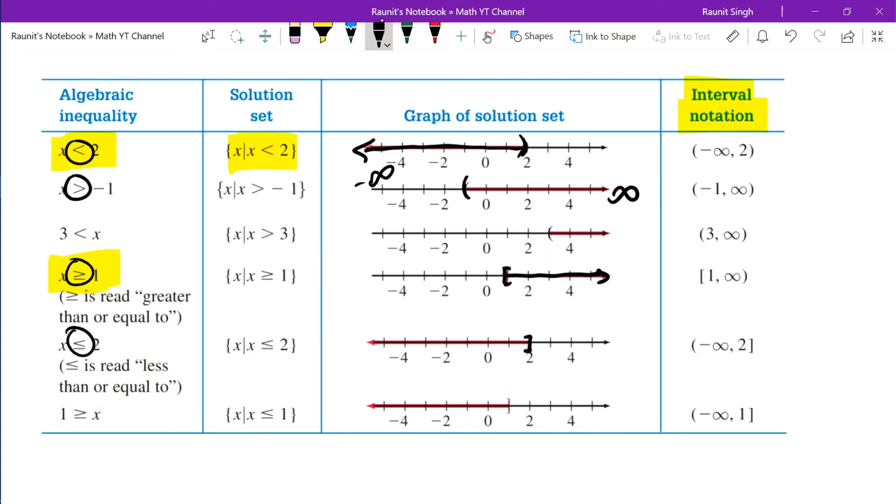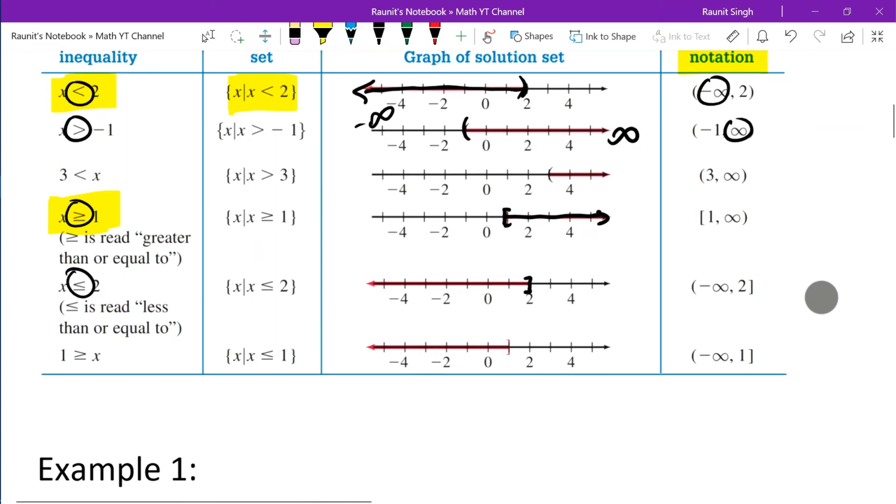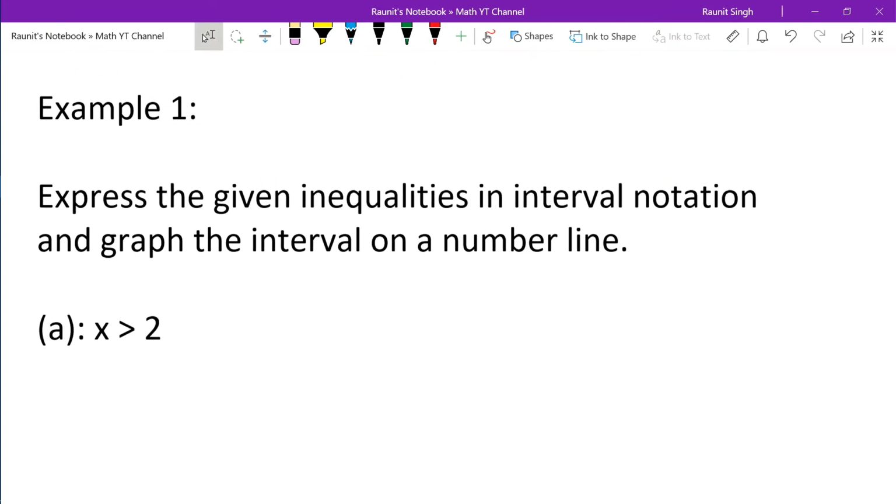That's why they have infinity over here and negative infinity over there. And whenever you're using infinity, you never use these brackets. You always use parentheses when you're using infinity or negative infinity. Okay, so that should be good for that one.